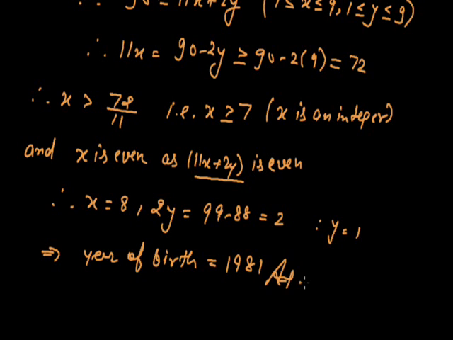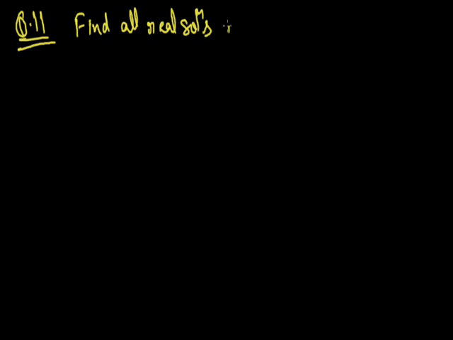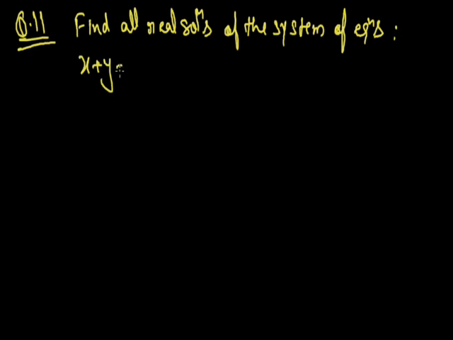Moving to our next sum, question number 11, that is given to us as: find all real solutions of the system of equations x plus y is equal to 2 and xy minus z square is equal to 1.